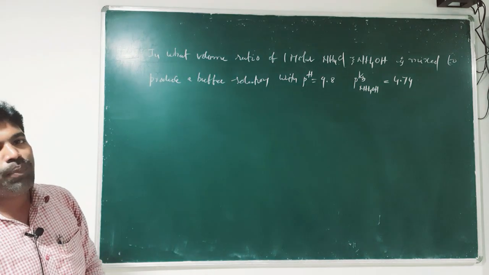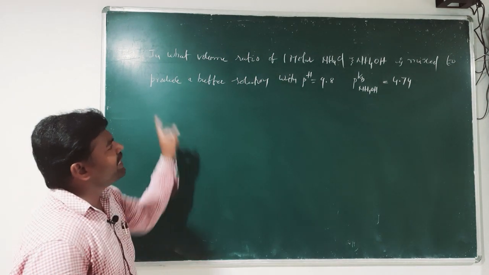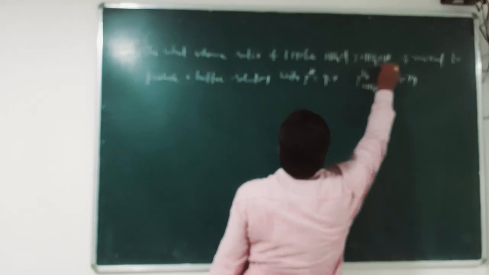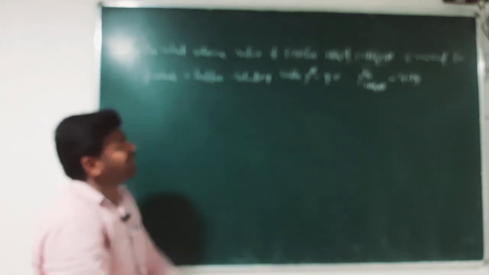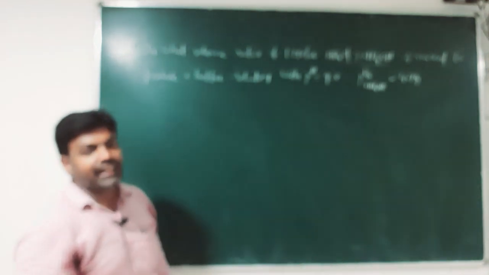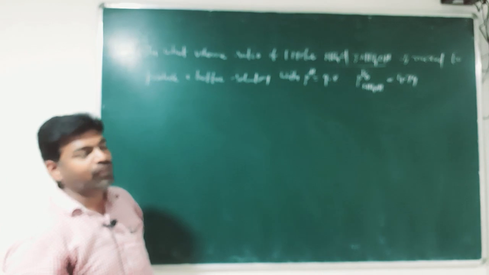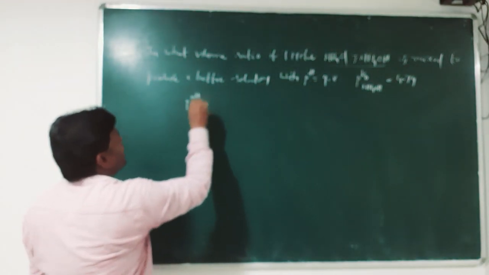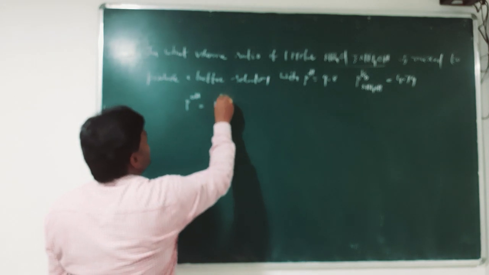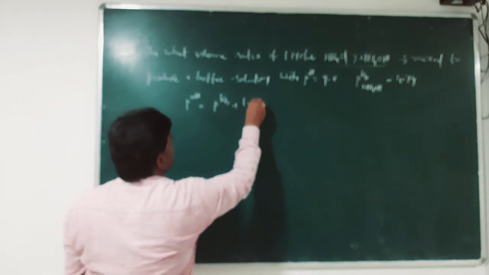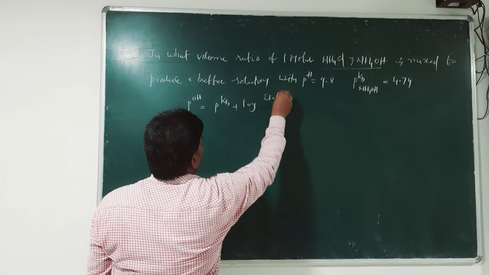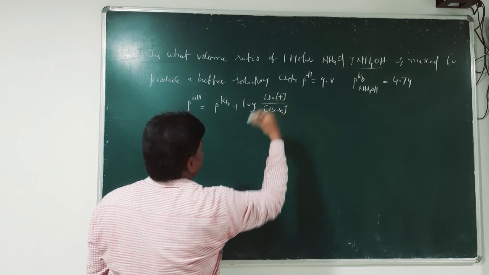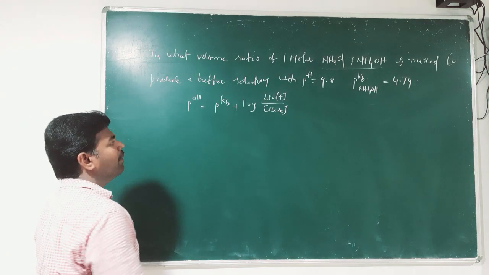By reading this problem, I understand that it is a basic buffer, and they have given the pH. For a basic buffer we have a formula: pOH is equal to pKb plus log concentration of salt by concentration of base.